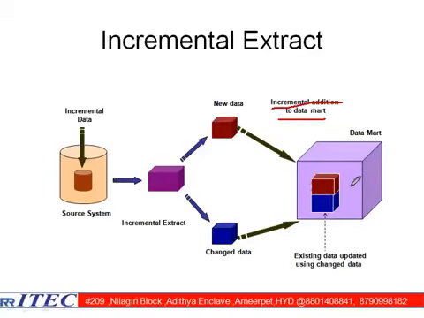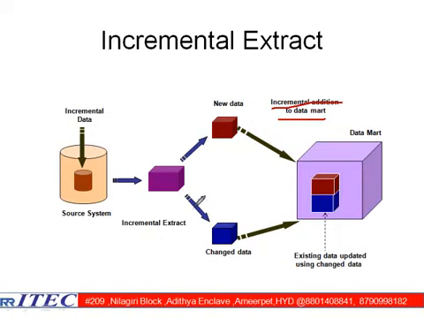Suppose your record is an existing employee's, but you got a promotion. Then I update the data in the data mart. Suppose your record is a newly joined record, then we enter it into the data mart. You are getting my point? You will understand these things when we implement them live. Whatever we are seeing in this diagram, we are going to implement it live.